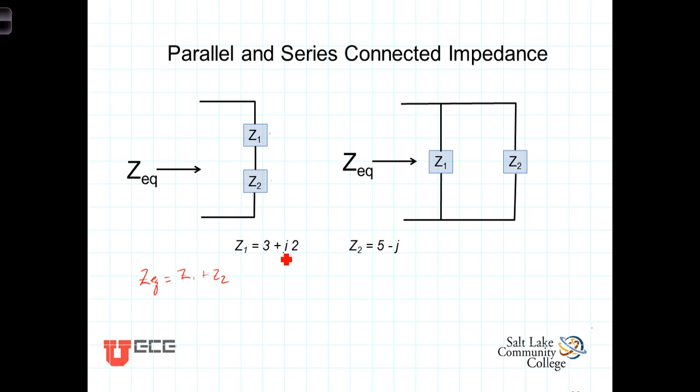So Z1 equals 3 plus J2, 3 being the real part, sometimes referred to as the resistance, and J2 the imaginary part, also sometimes referred to as the reactance.